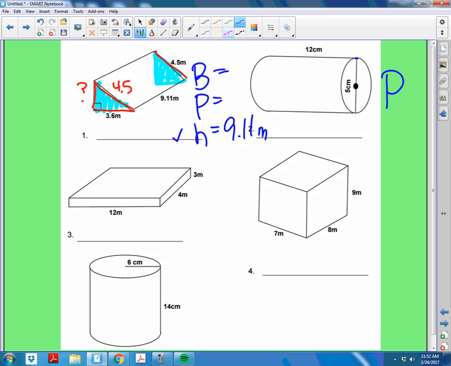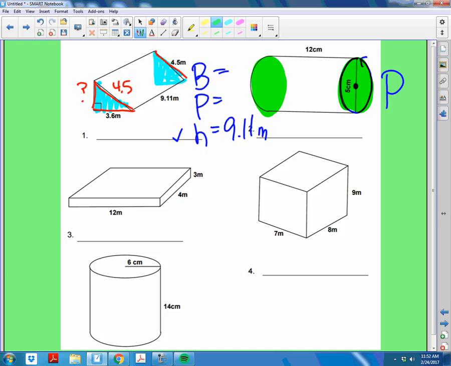The perimeter of this is actually the circumference of the circle, which we can calculate from either the diameter or the radius. Get it? But I still want the bases shaded every single time, because it makes finding the distance between the bases very, very easy.